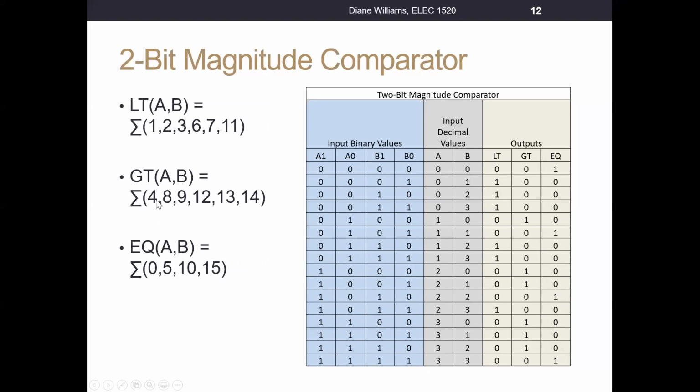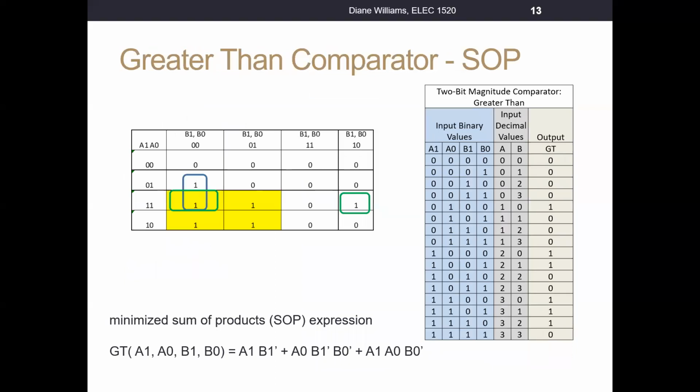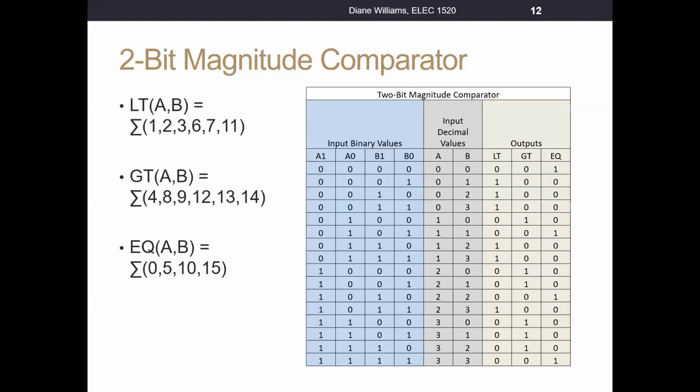Greater than is 4, 8, 9, 12, 13, and equals is 0, 5, 10, and 15. Those are all the cases where we have the ones. After you have that expression, you could go on to solve it. In this lecture, we're going to solve greater than. There's another lecture that's already been presented that shows you how to solve the case for equality, so we won't go through that here, but we will solve the greater than.